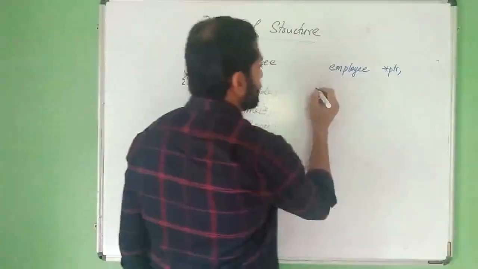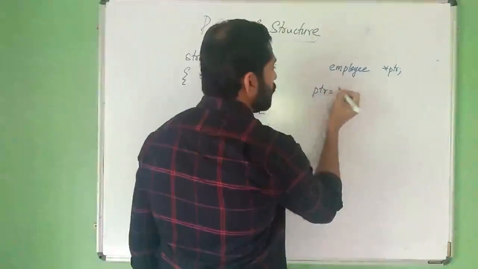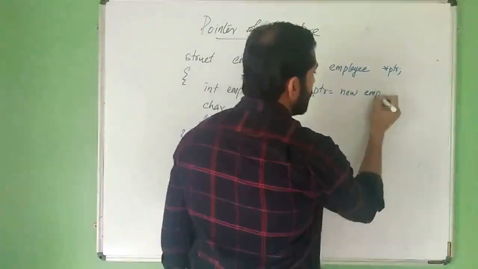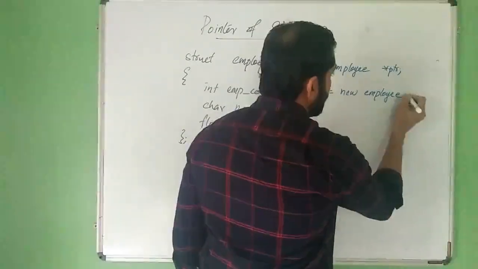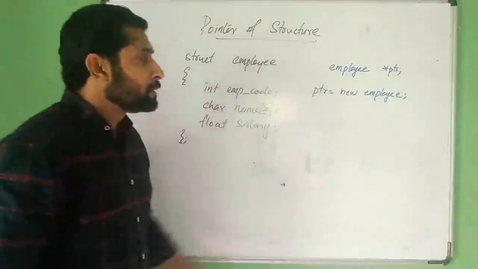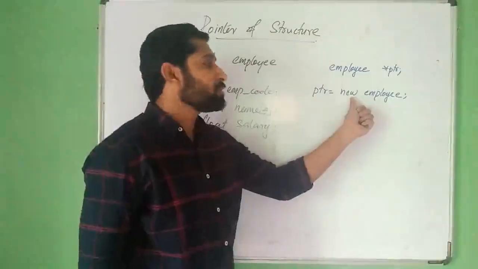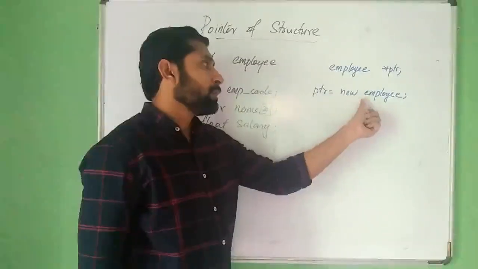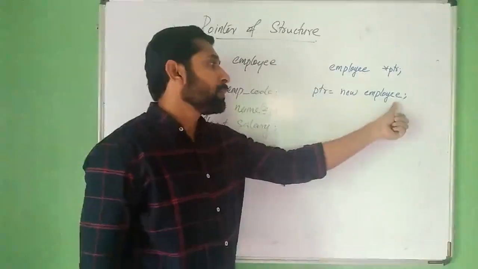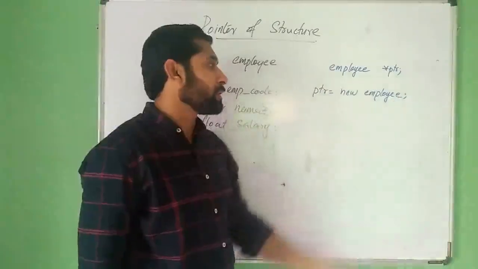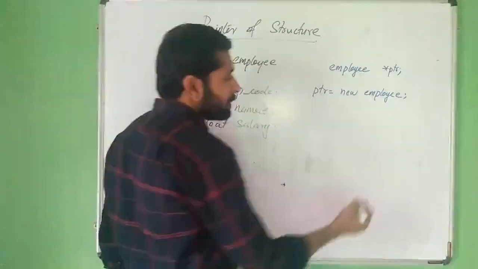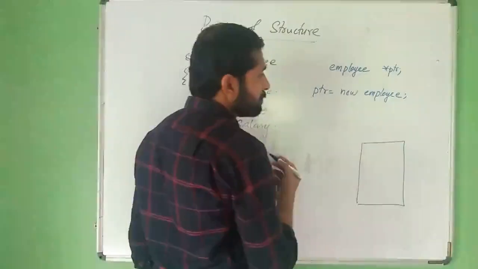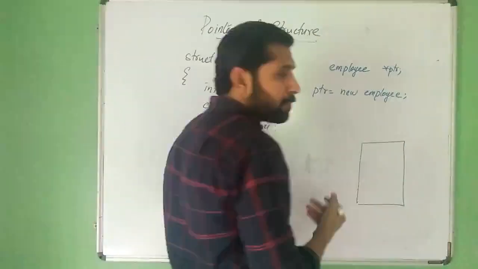Now we are making a statement like this: PTR equal to new employee. So we are using the new operator here, which means we are allocating memory for this employee type using dynamic memory allocation. What happens? It will allocate some bytes.